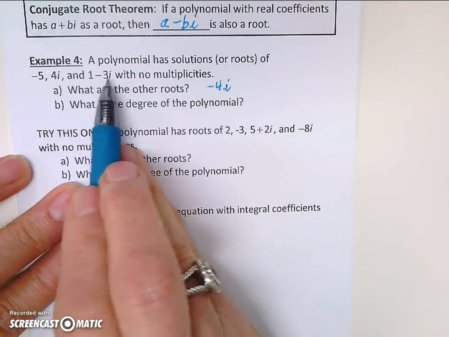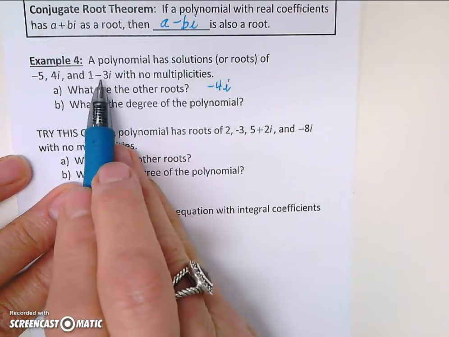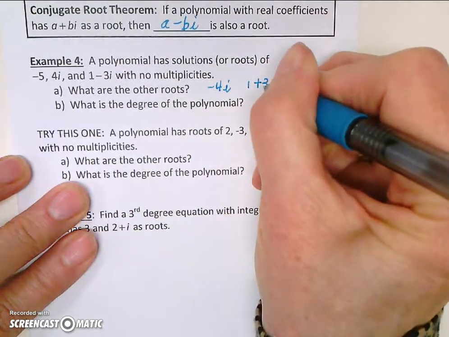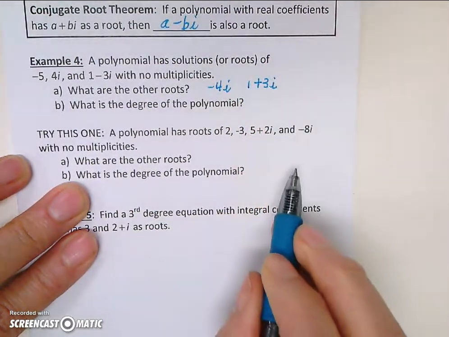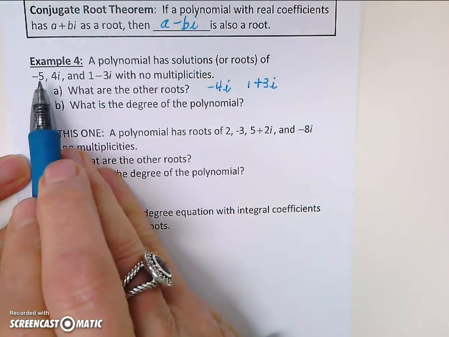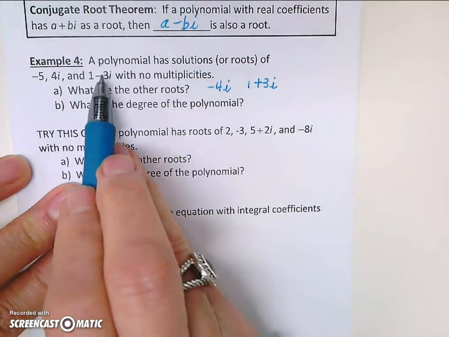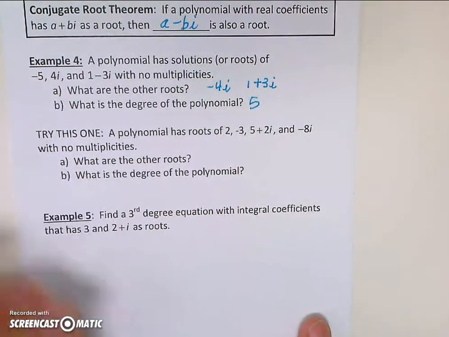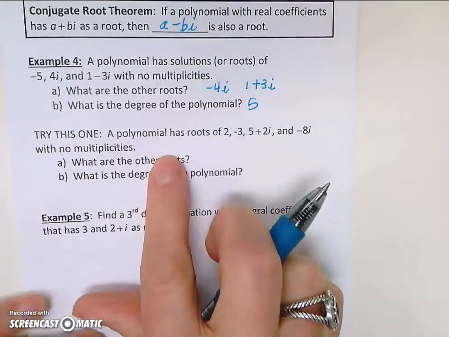And 1 minus 3i, again, is imaginary, so it's going to have its conjugate of 1 plus 3i. So the degree of the polynomial is going to be 1, 2, 3, 4, 5. So 5 there. So you try this next one.